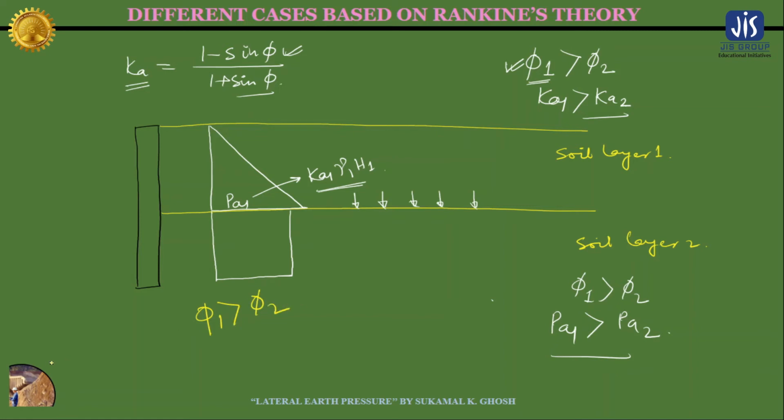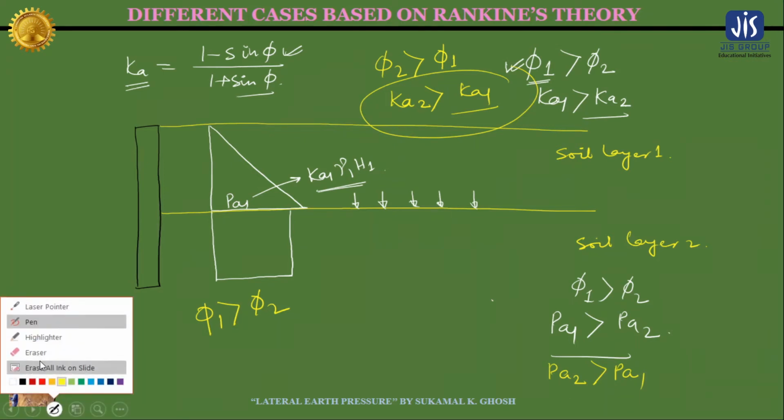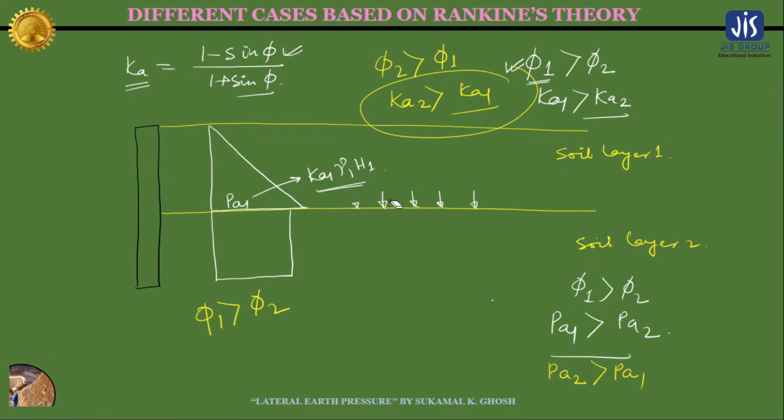Now suppose phi 2 is greater than phi 1, then obviously Ka2 will be greater than Ka1, and if Ka2 is greater than Ka1, then Pa2 will be greater than Pa1. Now if this Pa2 is greater than Pa1, then let me rub it first.